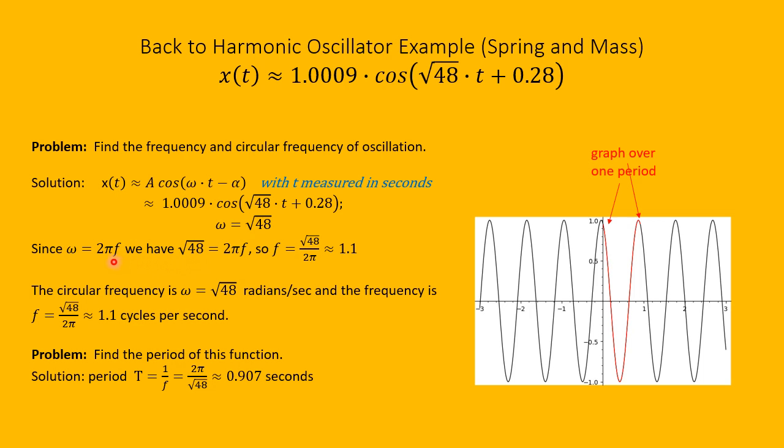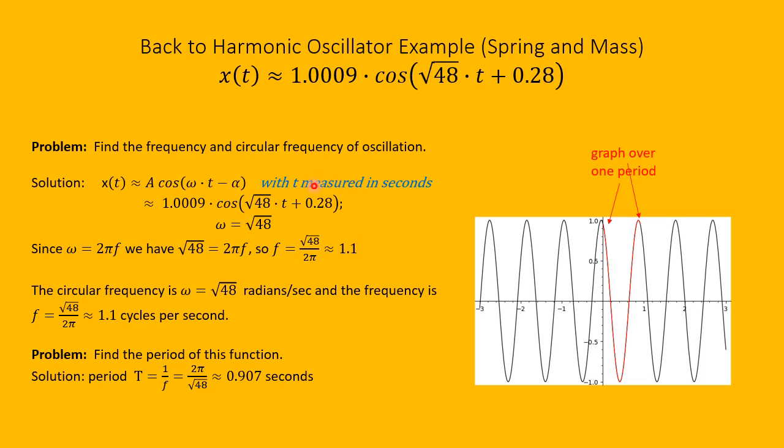Since omega, the circular frequency, is 2 times pi times the frequency f, we have that omega, the square root of 48, equals 2 times pi times f. Solving this for f, let's divide both sides by 2 pi. f is equal to the square root of 48 divided by 2 pi, and if you punch that into a calculator, you'll find that's approximately 1.1.